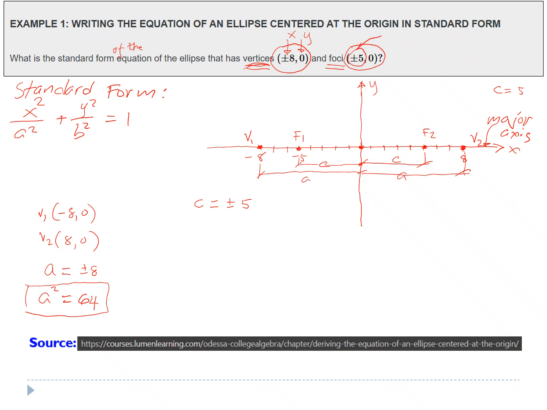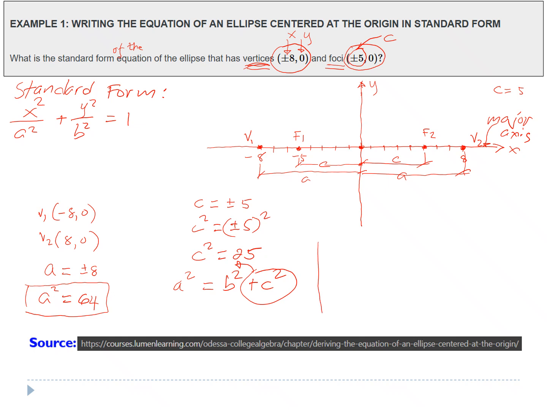When you square this, similar to this one, it gives us c squared equal to positive 25. So from our formula, a squared, that is the hypotenuse, equal to b squared plus c squared.